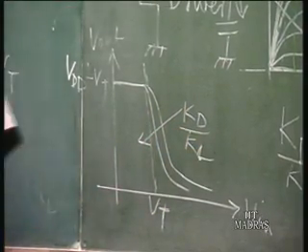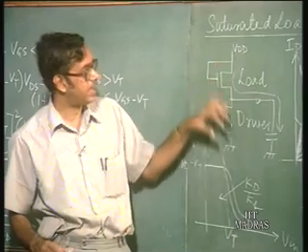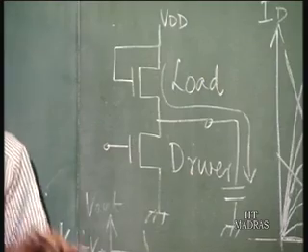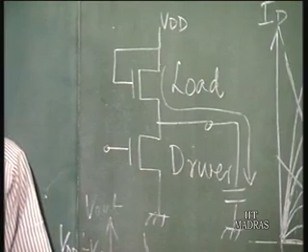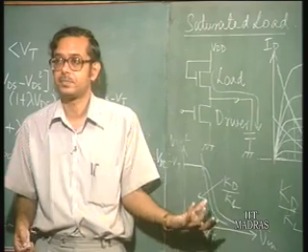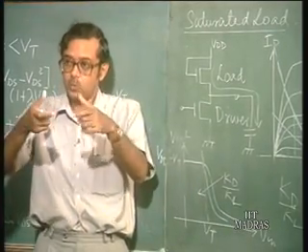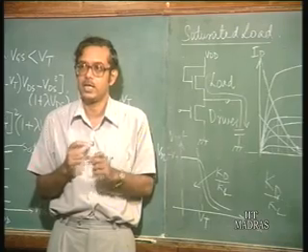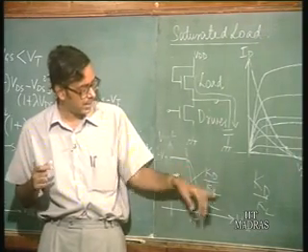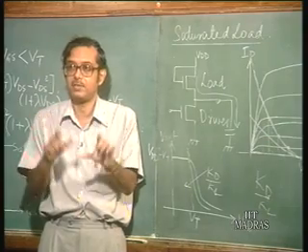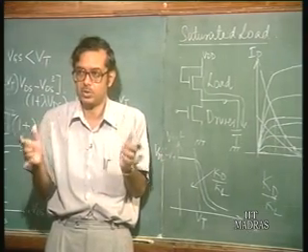In fact, if you consider them to be similar devices, that is, they are fabricated simultaneously, then what does this Kd and KL depend on? It depends on the width to length ratio of the individual devices. So, you can control the gain by changing the sizes of the devices. That is how it is usually done.